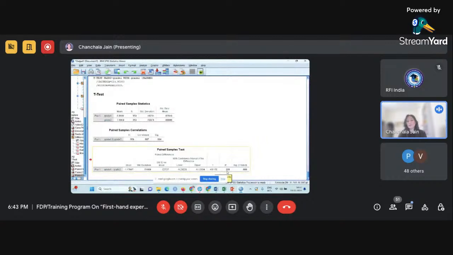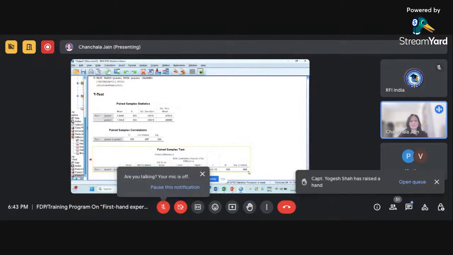For degrees of freedom 358, the significance value is 0.000, which is less than 0.05. So the main thing for us is that the p value is less than 0.05. That way we reject the null hypothesis, and we can conclude that there is a significant difference in the grades of students before teaching them and after teaching them. Or I can say the teaching is effective.